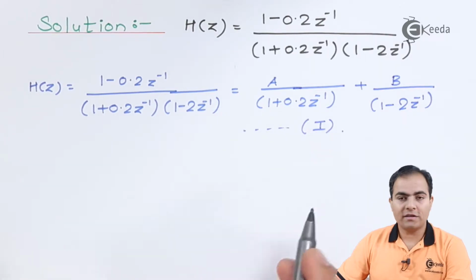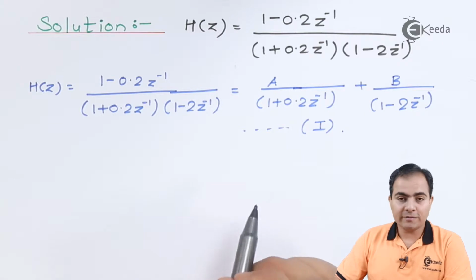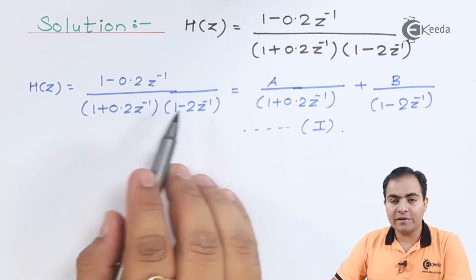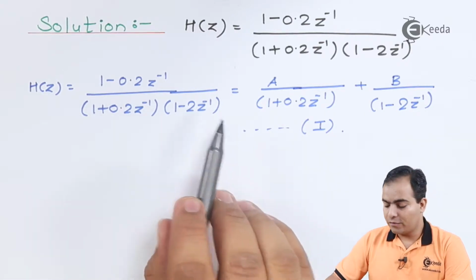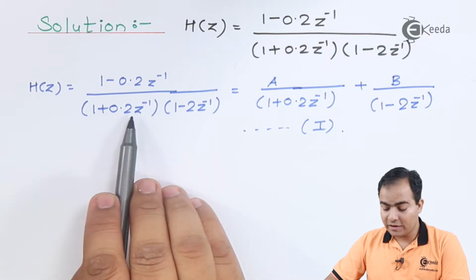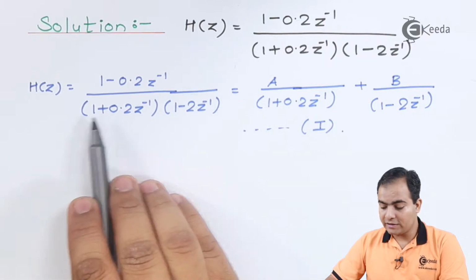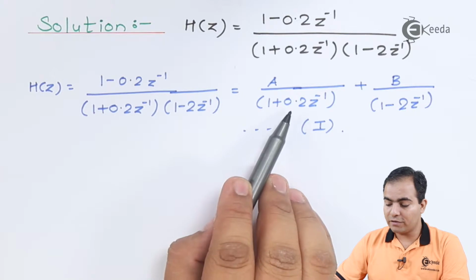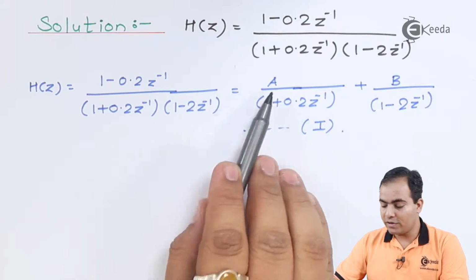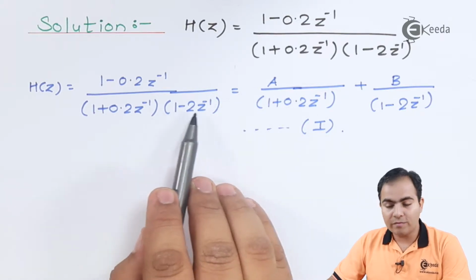Let's say this is my equation number 1. The next step is to multiply the left hand side denominator on the right hand side. If I multiply the left hand side denominator on the right hand side, then 1 plus 0.2 Z inverse will get cancelled. Only A will be multiplied with 1 minus 2 Z inverse.